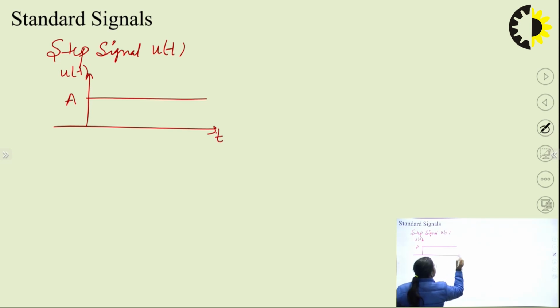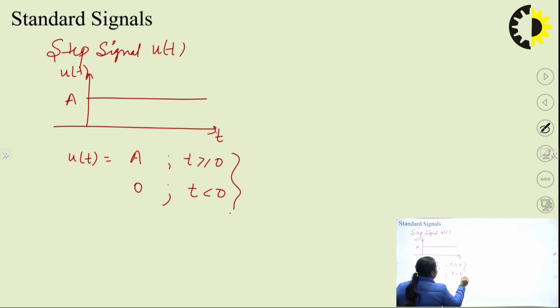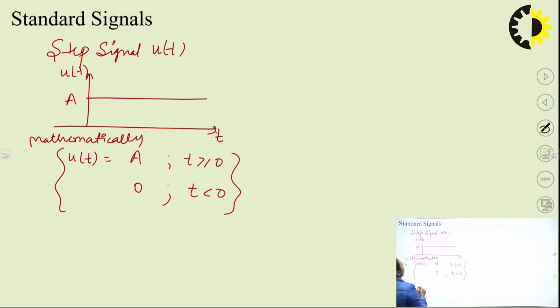Let's say this is t, and u(t) will be equal to A for t greater than or equal to 0, and 0 for t less than 0. Mathematically I can write this for the step signal. If the step signal is a unit step signal, then the value of A will be equal to 1.